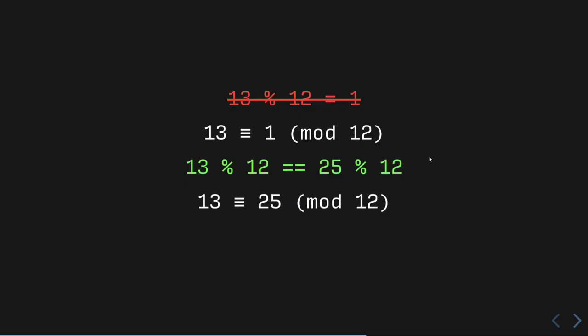Okay? And this symbol is actually called modular congruence. So 13 is equivalent to 25, or another way to say it is that 13 is congruent to 25. The same thing. For all intents and purposes, they are equivalent in this arithmetic mod 12.